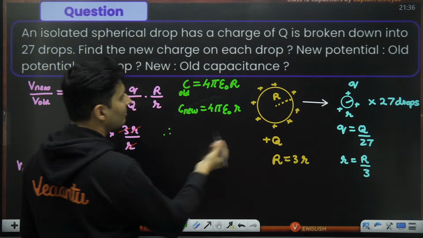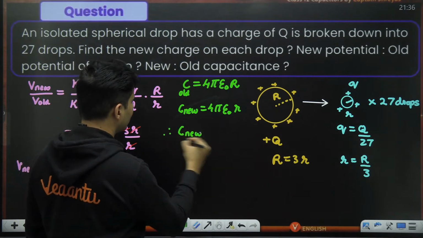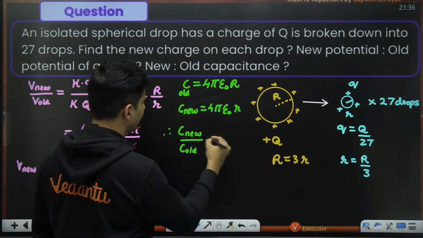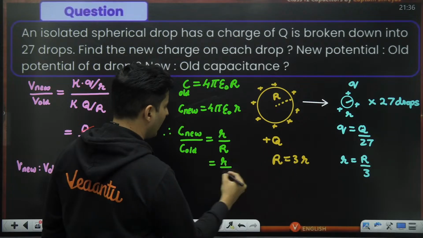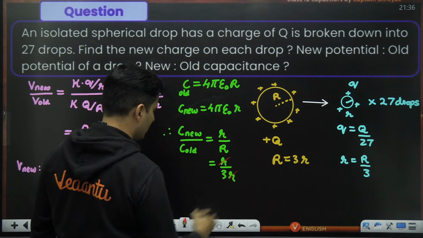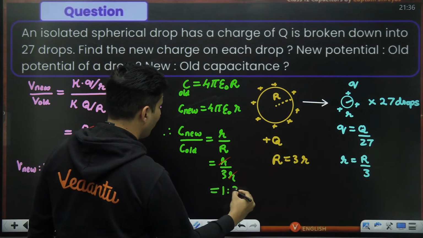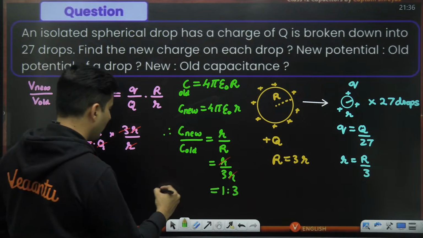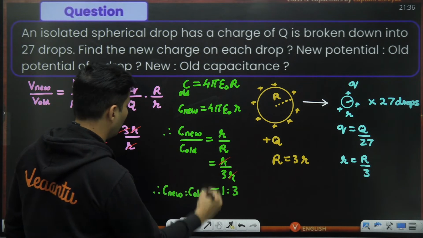So the new capacitance by old capacitance ratio will be small r by capital R. Capital R is 3 times small r, so small r got cancelled. We are left with 1:3 ratio, the capacitance new is to capacitance old.